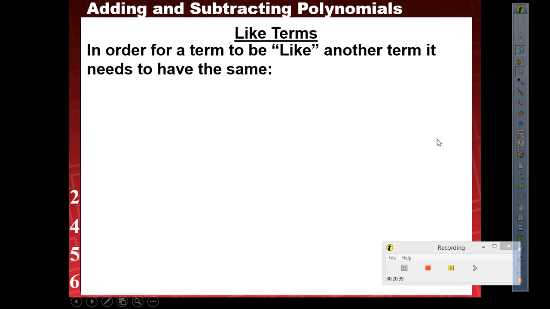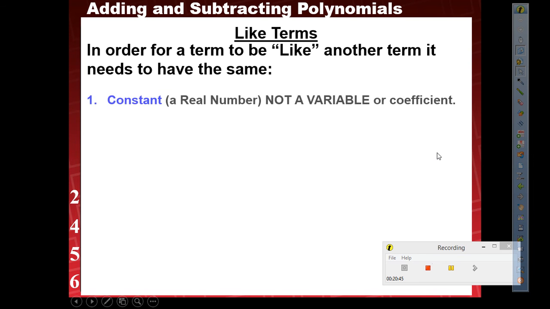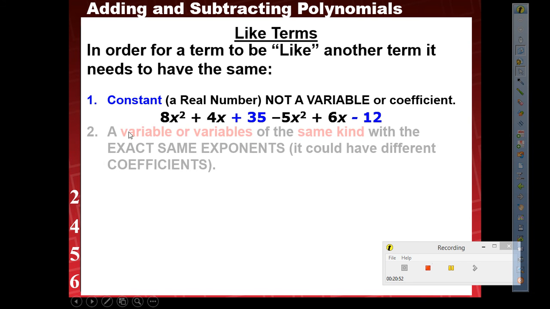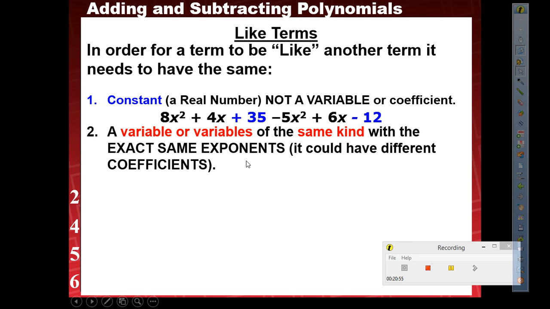Yes, I showed you that with tiles. Now, let me show you just with numbers. A constant is just a number without a variable, like the 35 and the negative 12. A variable or variables are the same kind if they have the exact same exponent. So watch. X squared and x squared are the same. X and x are the same. So therefore, those are like terms. Does everyone understand? So, and did we combine them? So here, in order to combine, we move stuff around, and what properties did we use? The commutative and the associative.